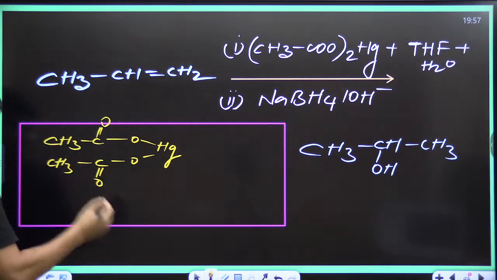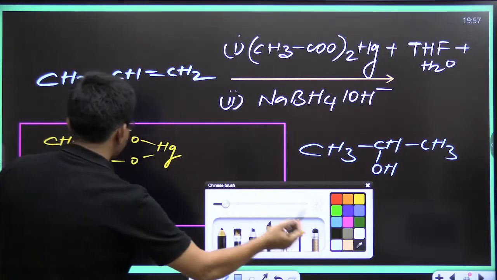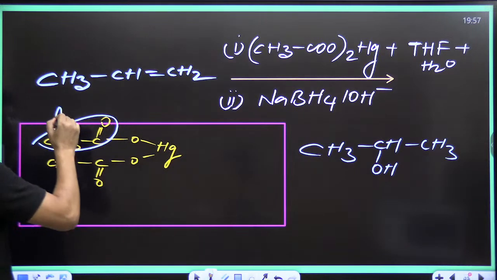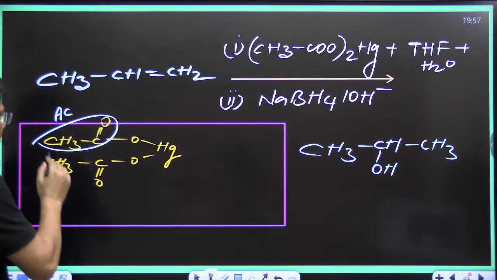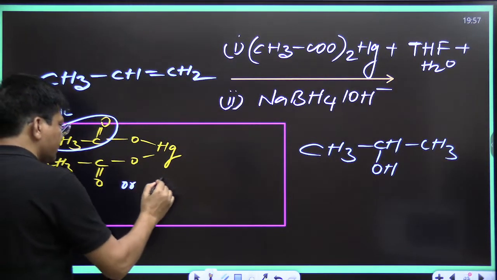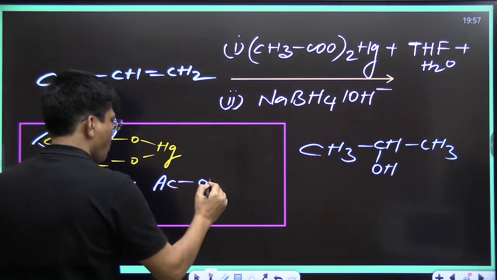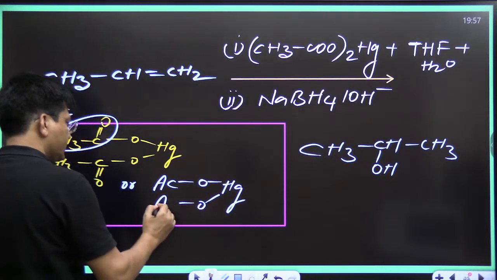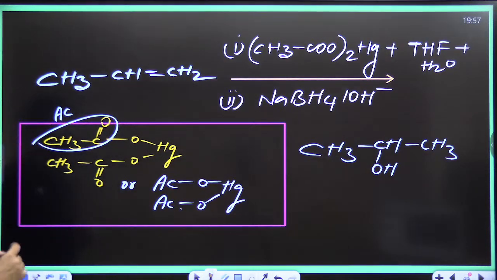For this part, Ac can be written, acetyl. So it can also be given like this: AcO, Hg, OAc. Can you see, my dear students? Mercuric acetate can be given in any way.